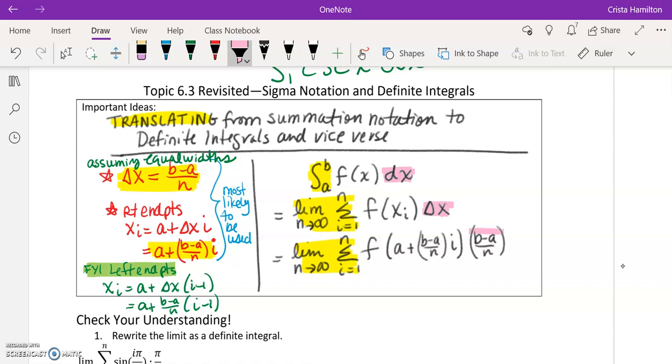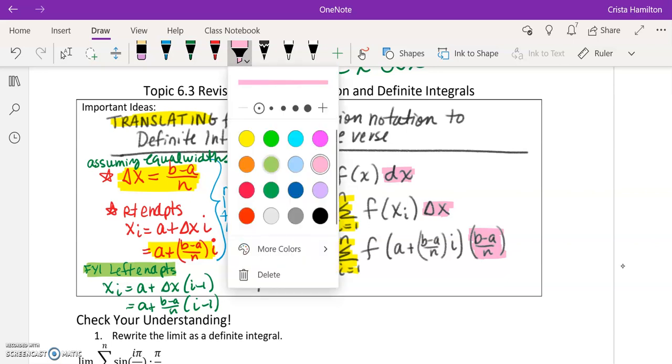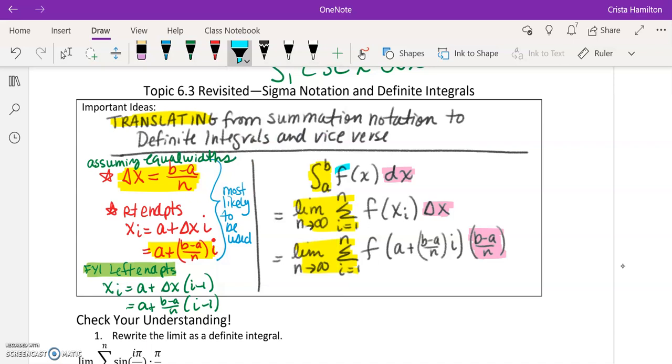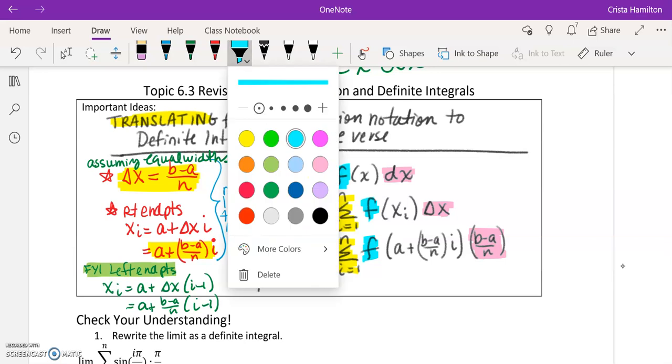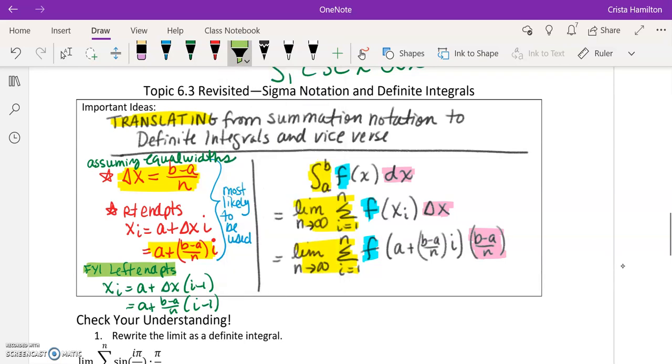Now, your function, let's do blue, the generic function, you should be able to pick that out, the function you would plug the right endpoint into. And then the right endpoint, in green right here, is something that you want to be able to match up.